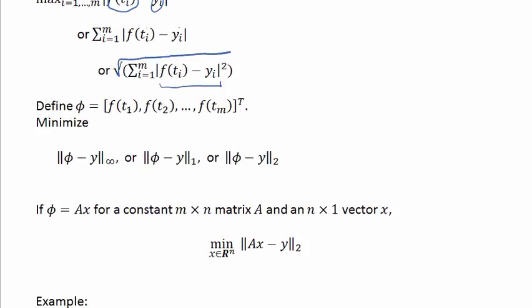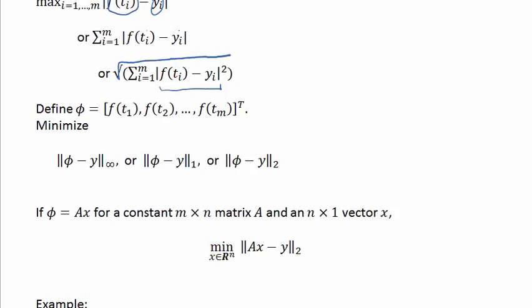So we'll easily see that these are familiar friends for us. If we make this definition of a vector phi, so phi is an m vector consisting of the values of this candidate function f at the points t1 through tm. So phi is now an m by 1 vector, just like y is an m by 1 vector of the data.